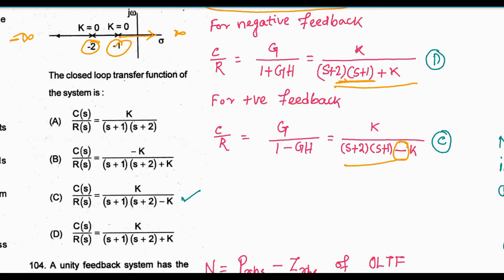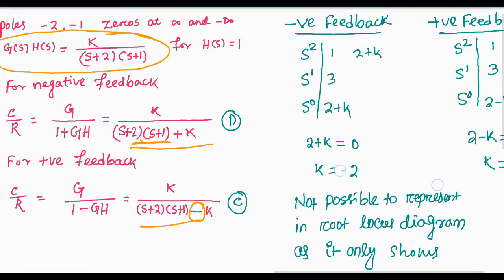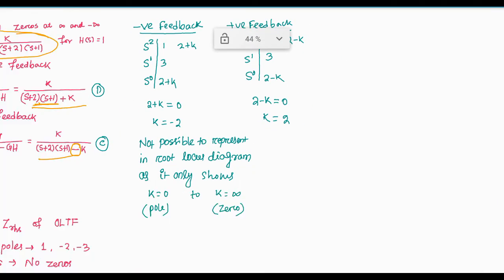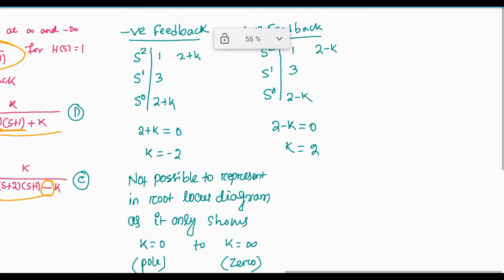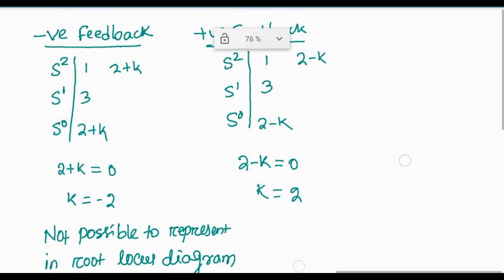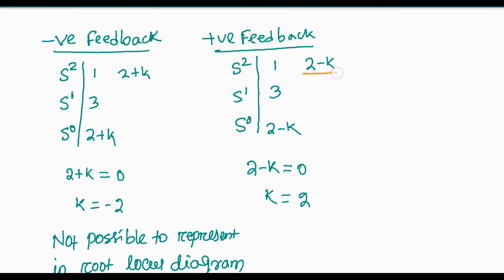To find this out, we have to see what type of system this is. Suppose this is a positive feedback system. For a positive feedback system, if we construct the Routh array, this will be 1, 2 minus k, 2 minus k, 3, 2 minus k.